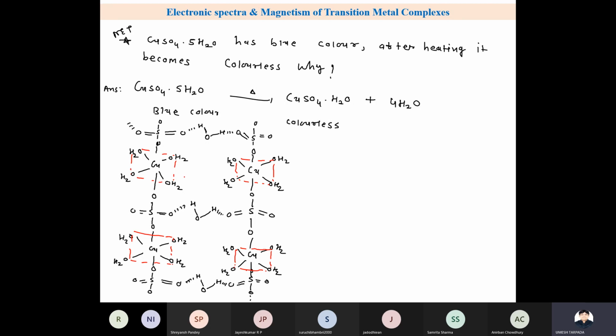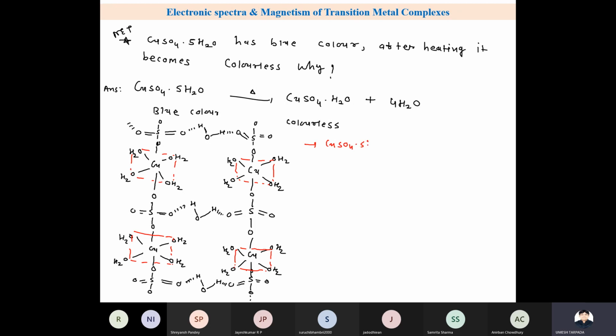So there are no dd transitions and therefore it is colorless. Originally CuSO4·5H2O is octahedral and d orbitals get split and you can have dd transitions. So this is colored because of the dd transitions.